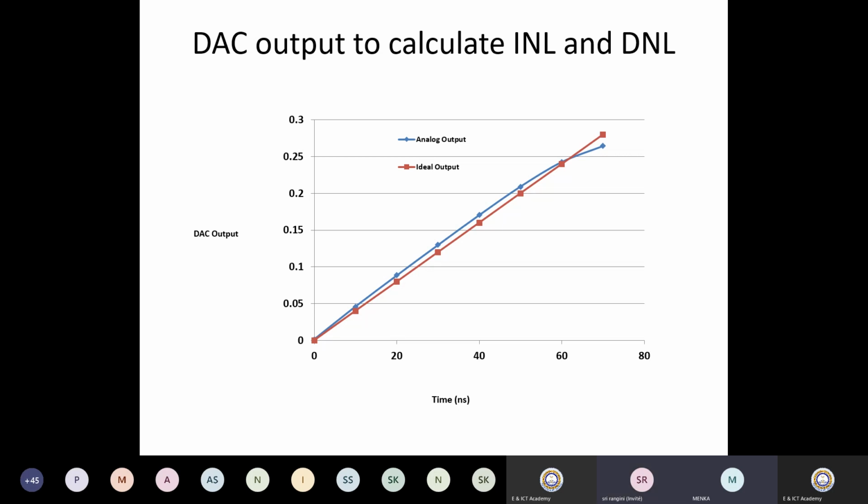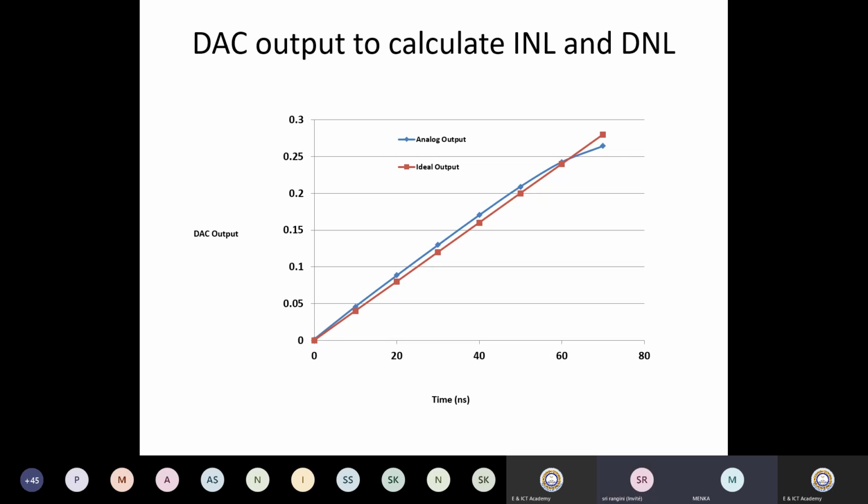Okay, so this is INL, integral non-linearity, and DNL refers to differential non-linearity. Okay, so these are actually the performance parameters. So we have calculated these two from this graph. How we'll be calculating? I'm just going to explain. Just look at the graph.